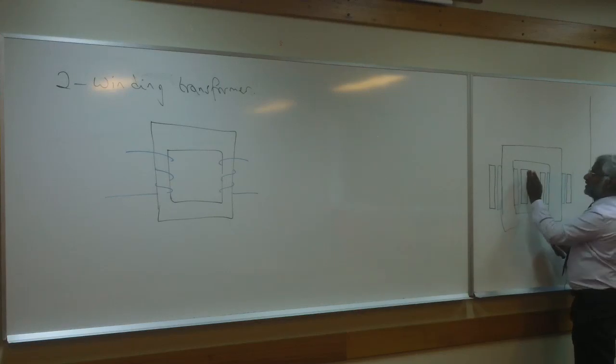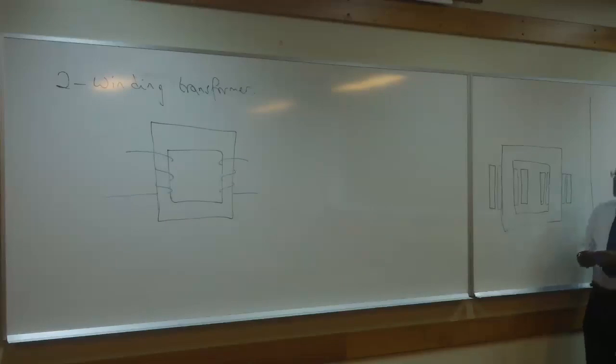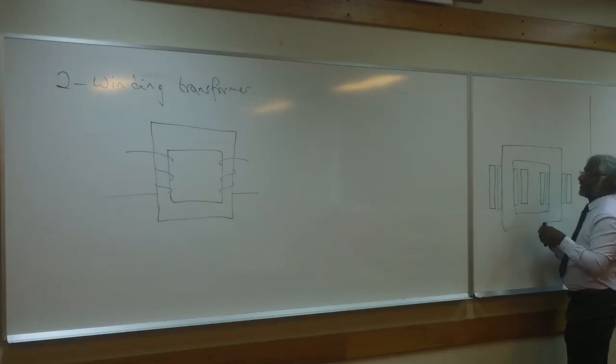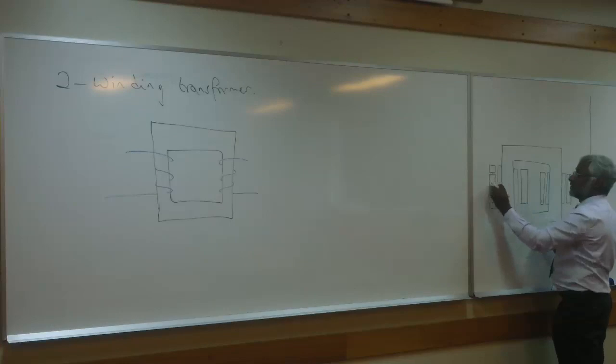This here is represented as a rectangle, but it's really just a bunch of conductors that go round and round and round. Sometimes, in fact, quite often, you might find that this one here is actually split. So I'll redraw it split. Split like this. I was trying to save time, I think.